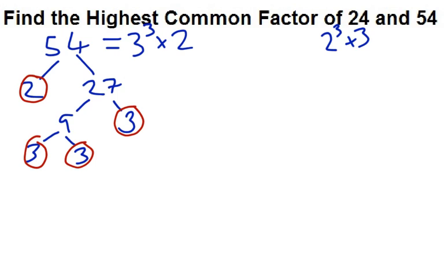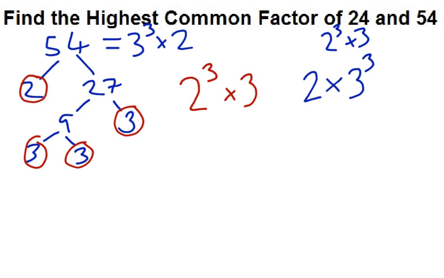So we've got two prime decompositions. We've got 2 cubed times 3, and we've got 2 times 3 cubed. Now to work out the highest common factor, we have to find the lowest power of each number that appears.